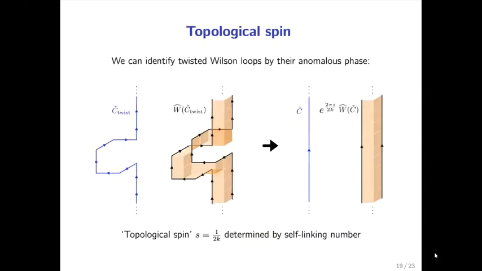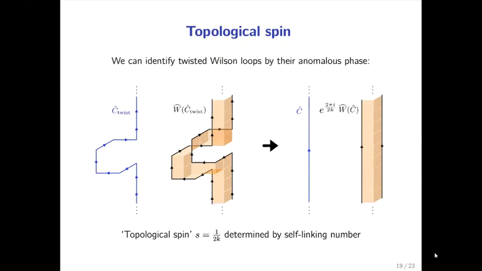But we can do more than you would see in a naive continuum analysis. We can actually identify Wilson loops which have non-trivial self-linking. Here is some contour on the dual lattice, and it has this little wiggle in it, and this corresponds to inserting the following Wilson loop. You can see that the two edges of the ribbon have some linking, and as a result, when we untwist this loop via some gauge transformation, we pick up a phase, and it's actually a Z_2k phase.